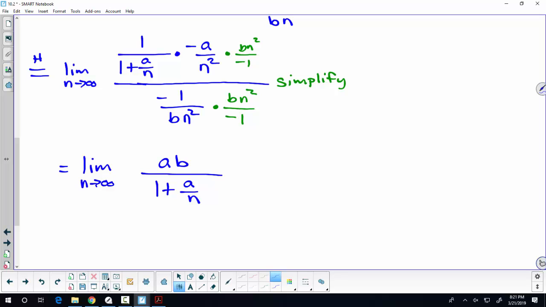As n approaches infinity, what does that limit approach? ab over 1, which is ab, because a over n approaches 0.